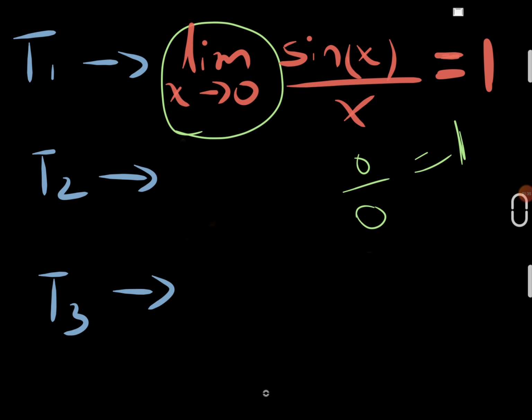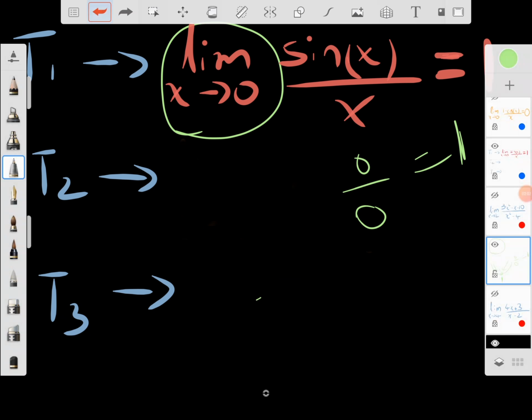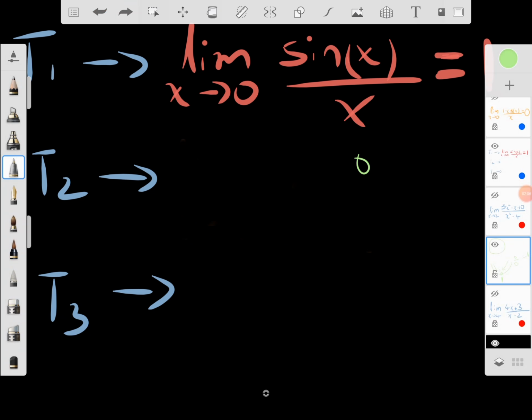It may not reach the point 1, so at the point 1 there is a break, but when you look from this side and from this side, it approaches more and more closer to 1. That is what the whole topic of limits says. So this is one theorem.